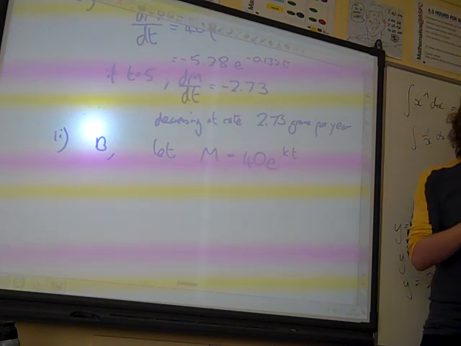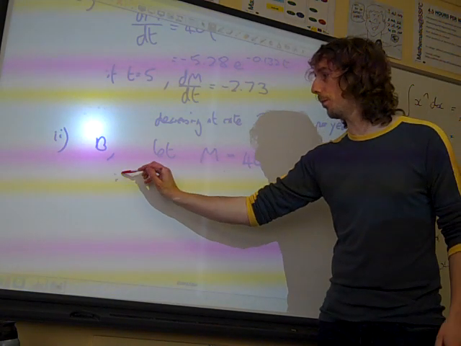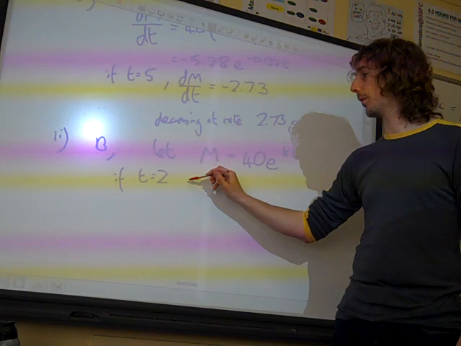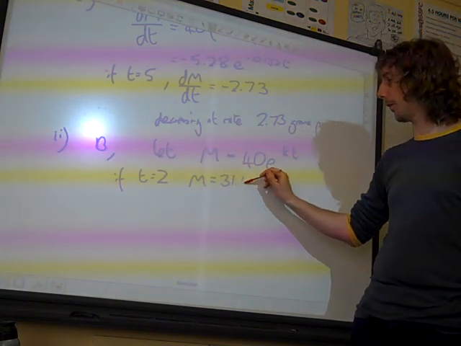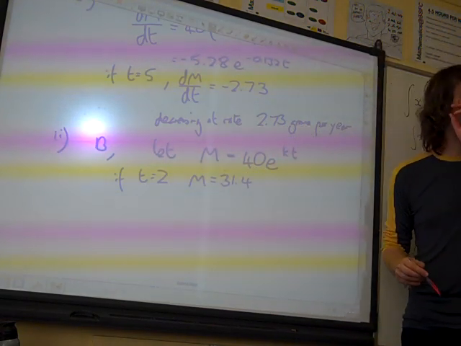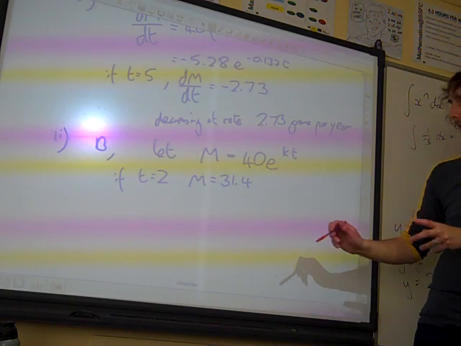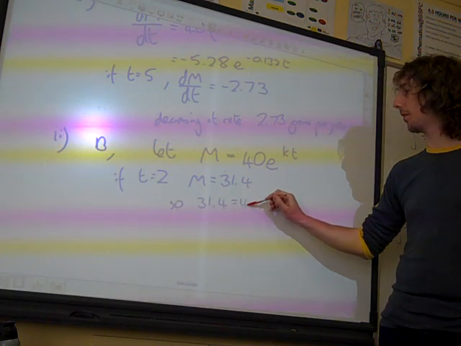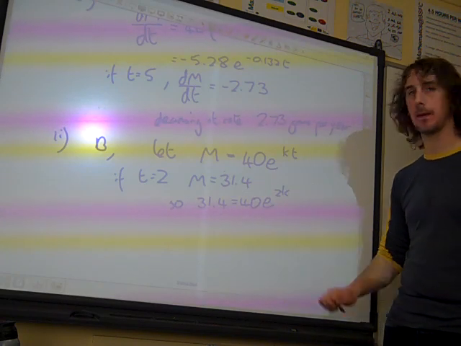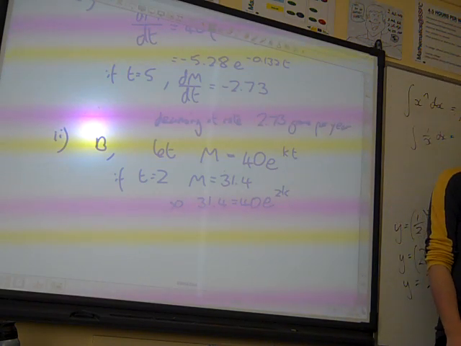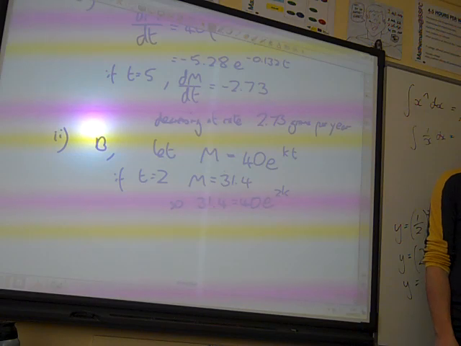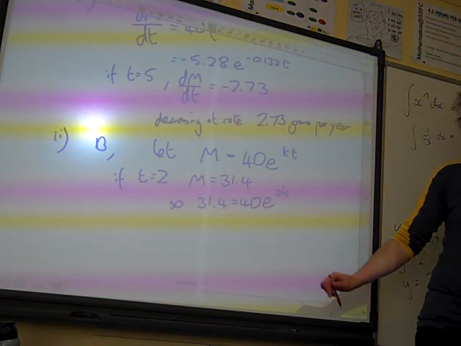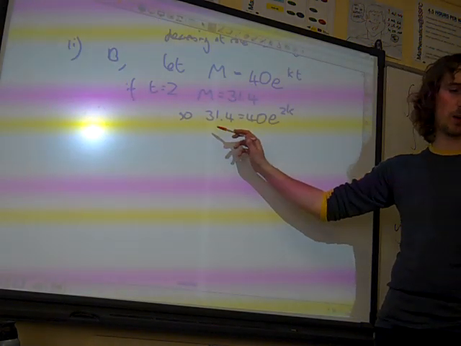And we have been told that when t equals 2, m is 31.4. So we've got a value that we can sub in. So 31.4 is 40e to the 2k. I would like to know what k is. So this is just another rearrangement of this kind of equation.